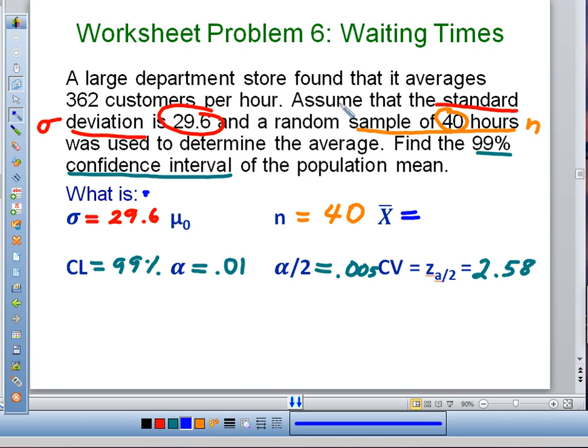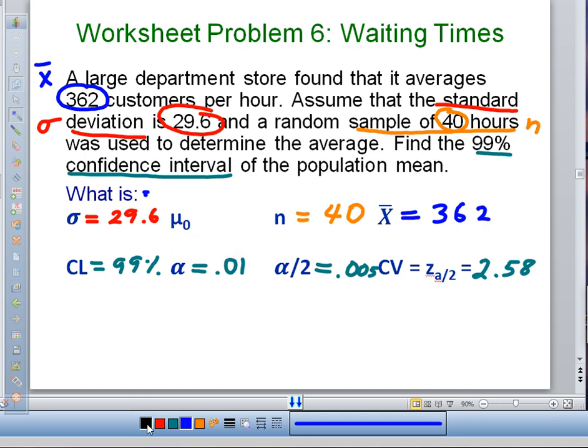So here, this average was determined from this random sample of 40 hours. This is what we got from our sample. That's how we determine this average. So this is our x bar, our sample mean. Then you might say, well, what's our mu naught?